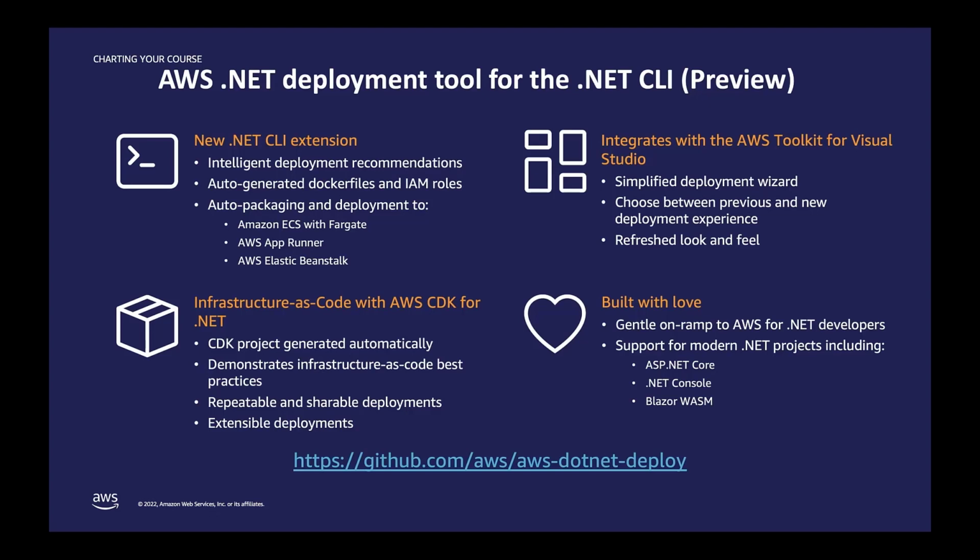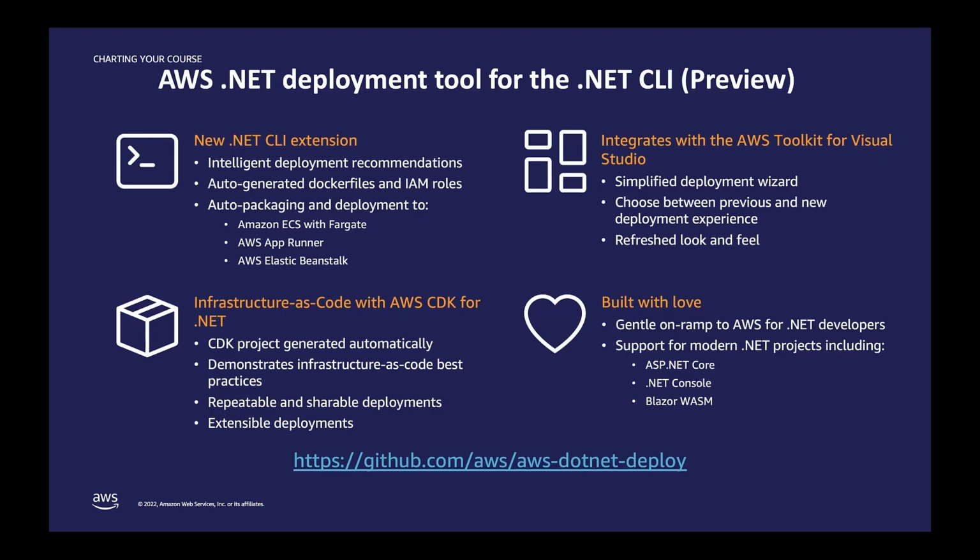If you aren't familiar with the AWS CDK, the CDK allows teams to define their infrastructure as code using programming languages. In our case, it would be C#. The CDK generates the CloudFormation template you can use to deploy your stack. The generated CDK project includes the code needed to provision the target environment and the required IAM roles and permissions.